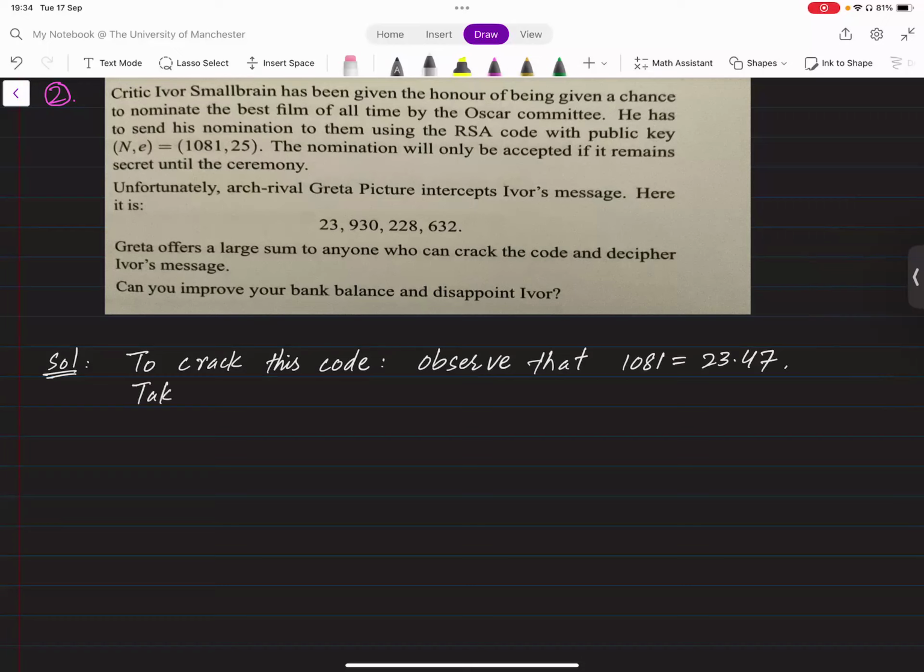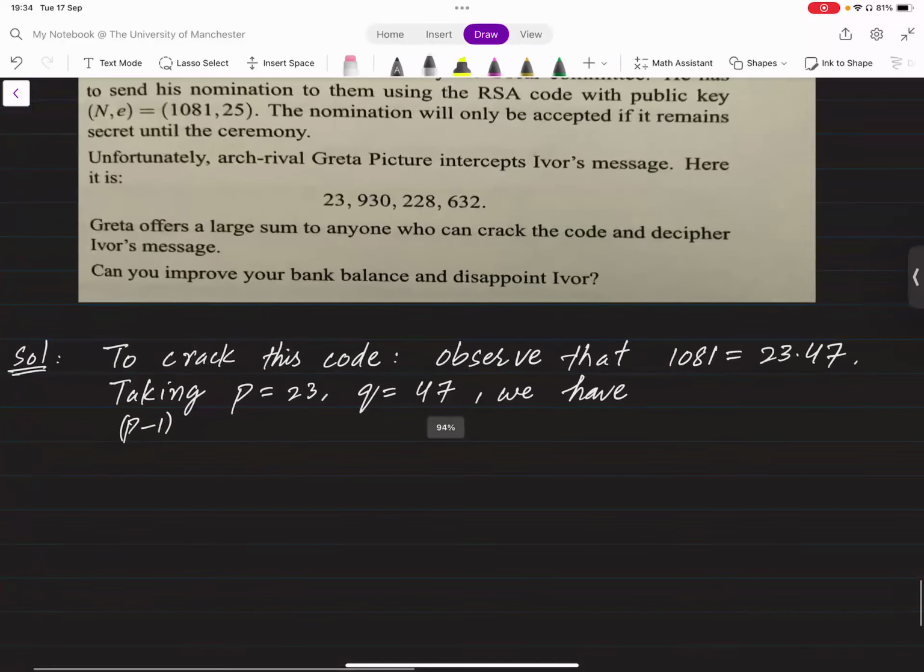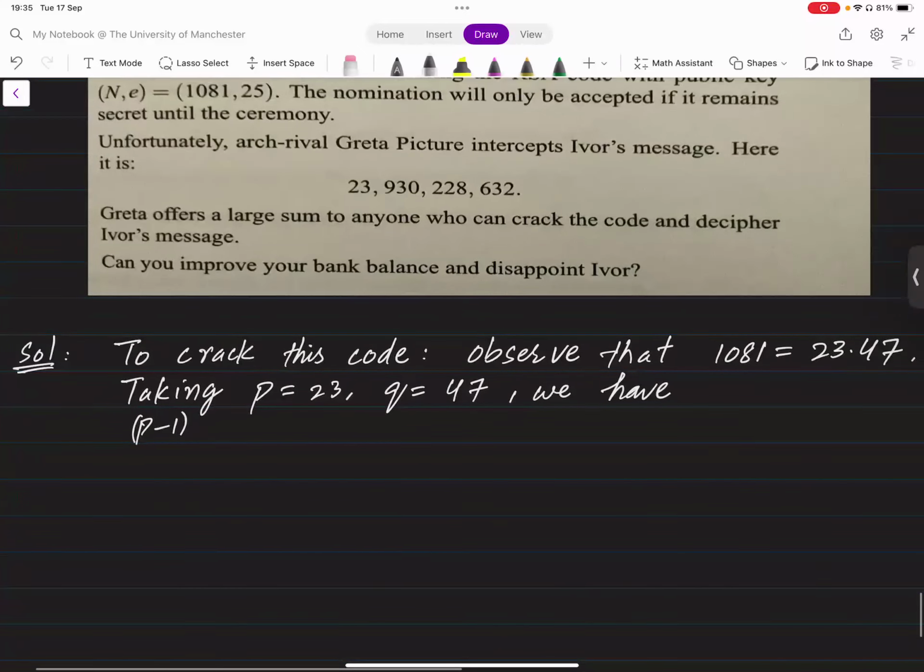Now taking P as 23 and Q as 47, we have (P minus 1)(Q minus 1) equals 1012.